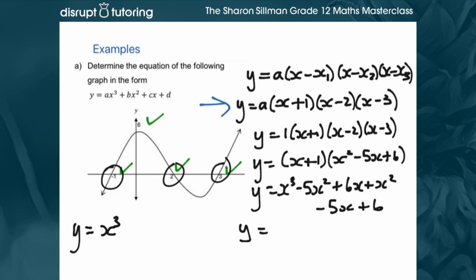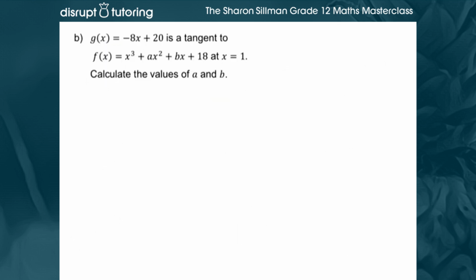Let's collect like terms. Minus 5x squared plus x squared, so we have our like terms there. And then we have plus 6x minus 5x and plus 6. So hence a is 1, b is -4, c is 1, and d is 6.